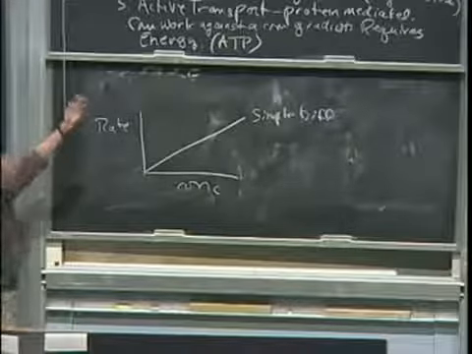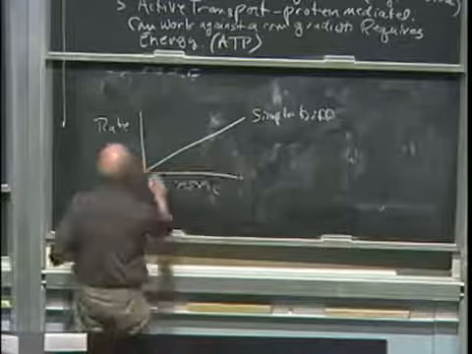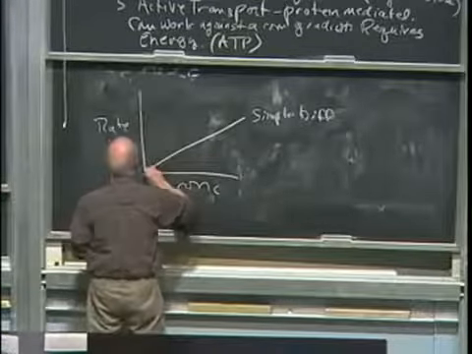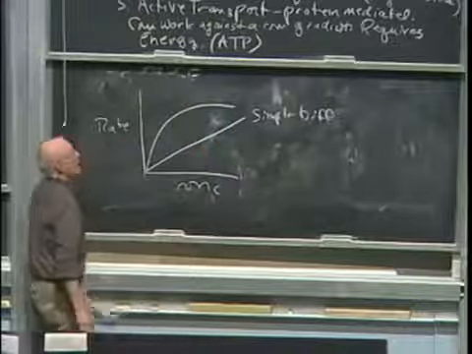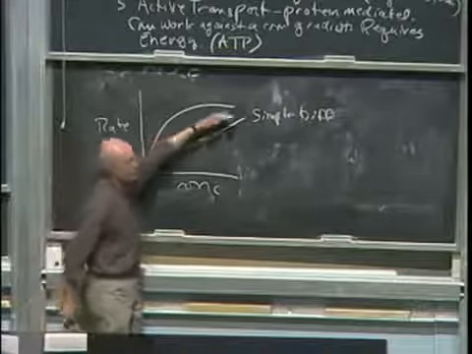When you look at protein-mediated processes, you do not get this relationship. You get a relationship that looks like this. The rate is faster initially, and then it levels off.